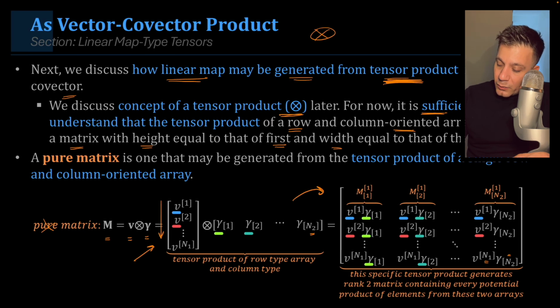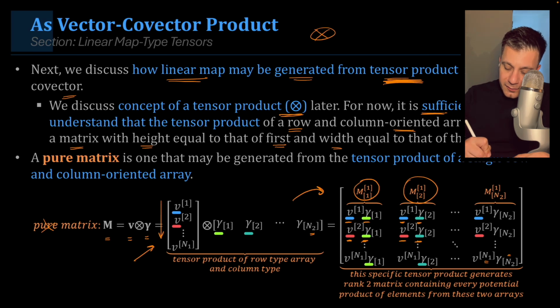So you see element 1, 1 is the product of V1, gamma 1. Element 1, 2 is the product of the first V and the second gamma. Down here you have the product of the second V and first gamma, second V, second gamma.